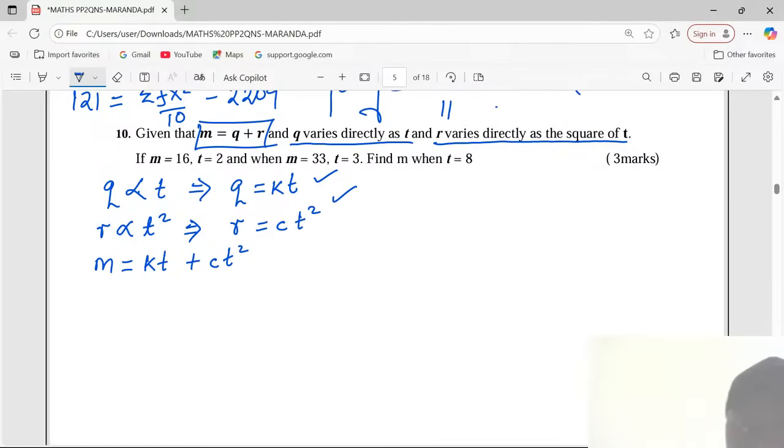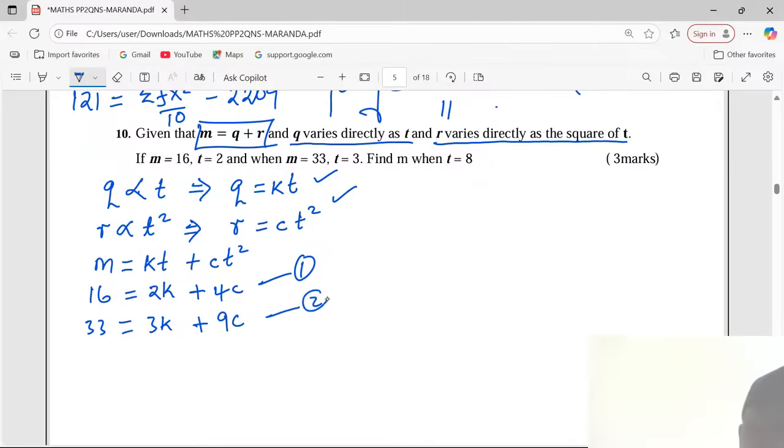So M equals 16 when T equals 2. So this becomes 2K plus T squared, so 4C. That is equation 1. M equals 33 when T equals 3. So 3K plus we square T, 9C. Equation 2.